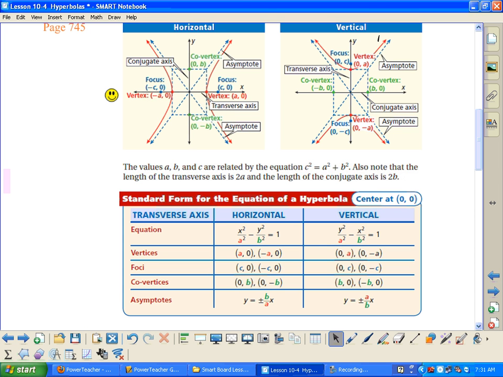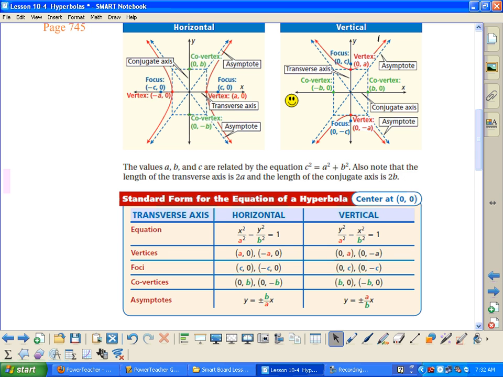A is on the transverse axis, so we have negative A and positive A. The co-vertex is on the conjugate axis, in this case the vertical axis. The foci are also on the horizontal axis because it opens horizontally. When it opens vertically, the transverse axis is now the vertical axis.